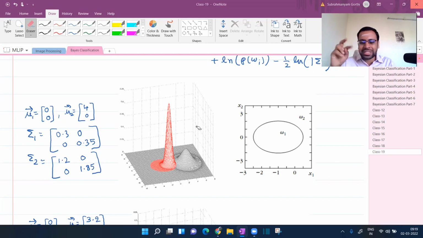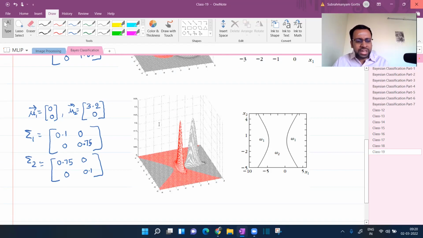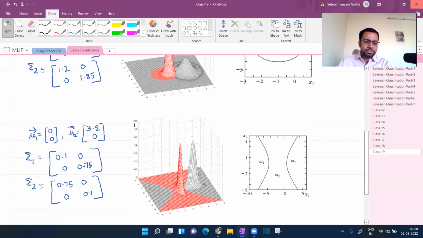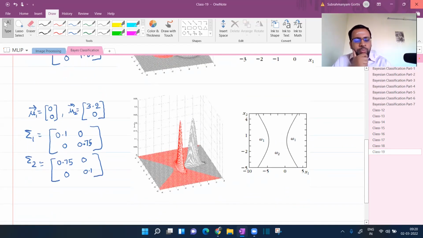It is around the boundary, Gi of x will be equal to Gj of x. So we are after all plotting the contour associated with the points where both these functions are equal, because that is turning out to be the boundary. Is that fine?